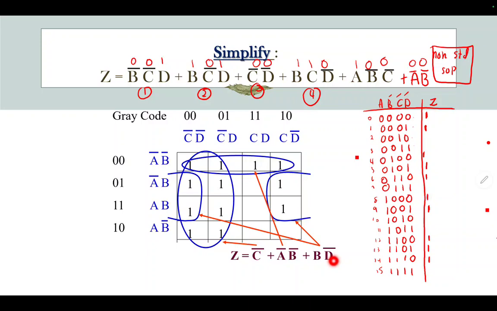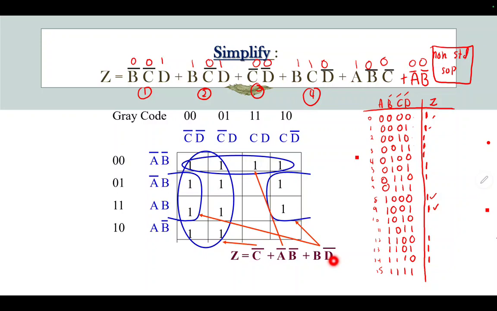You should have 1, 0, 0 over here, and then 1, 0, 0 over here. And then A bar B bar, so you got 0, 0 at the line A and B, a 1 here and a 1 here.